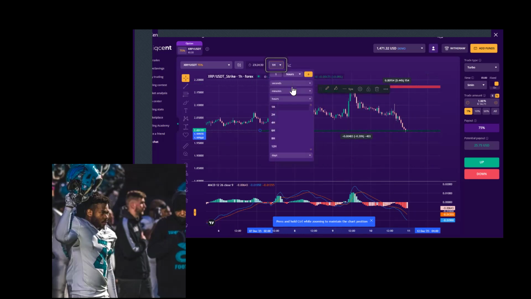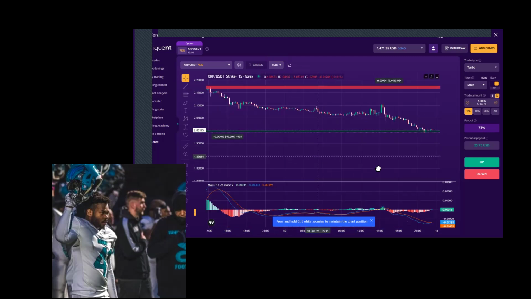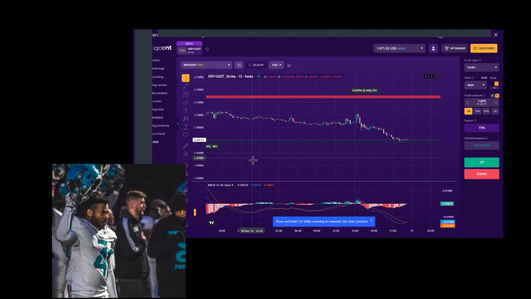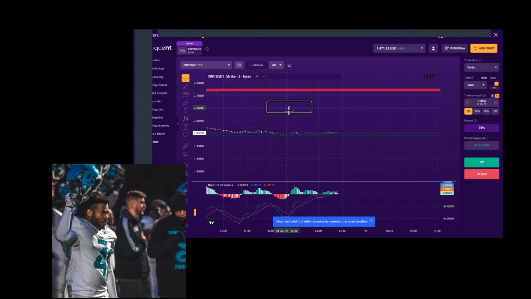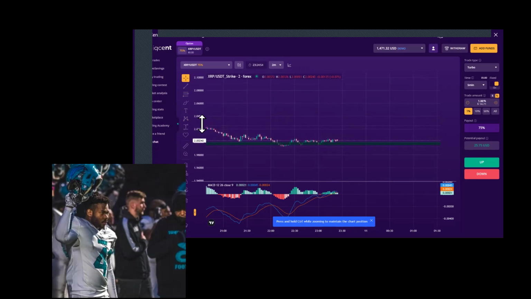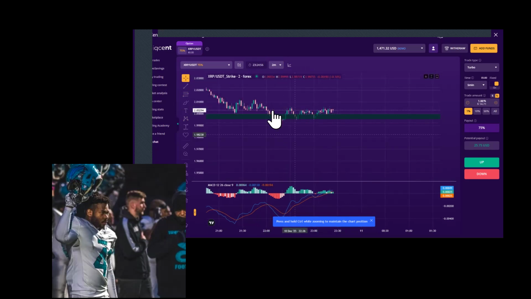And then we hop back into the 15 minute. Once I see how price has been moving in the 15 minute, I move on. It seems like it's in the area that I'm looking for. I'll drop down to the 2 minute, see how it's really moving. Okay, I still got a chance to get in. And I'm gonna do that.